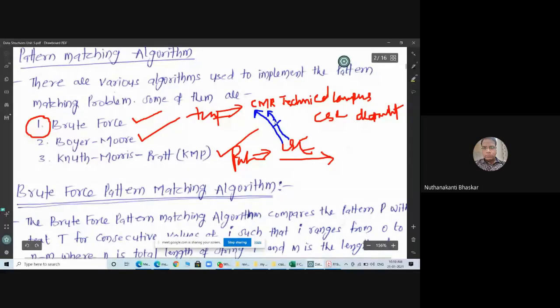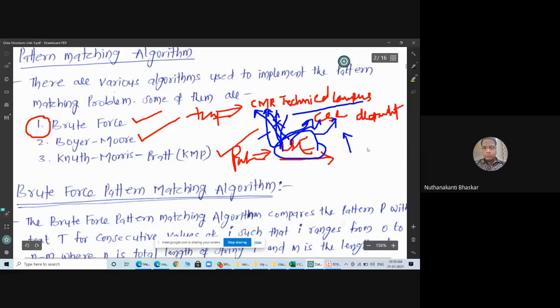Then, if it is not matching, you need to check the first character of the pattern with the second character of the text. Not matching, then move next. Not matching, then move next, until you find the first character, second character, third character matching, and then you can decide this pattern is matched at this particular position of the text.